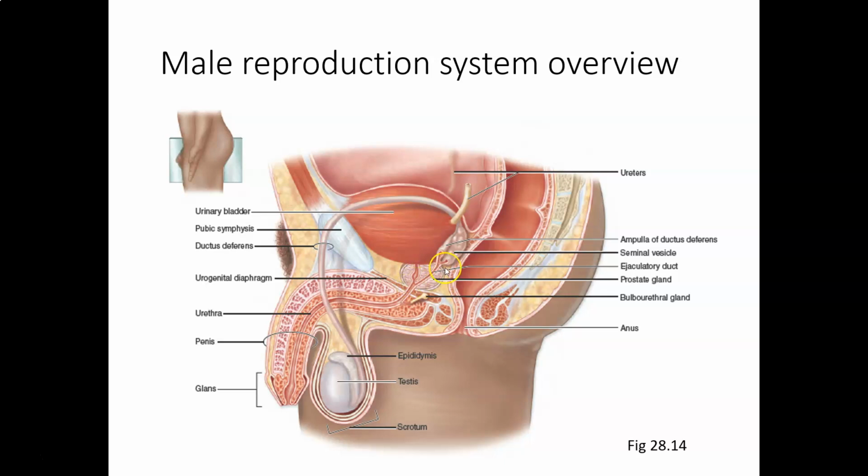And in the prostate, surrounded by the prostate gland. So then this ductal system is going to travel from the ejaculatory duct through the remaining part of the prostatic urethra, then the membranous urethra, then the spongy urethra, and to the outside.